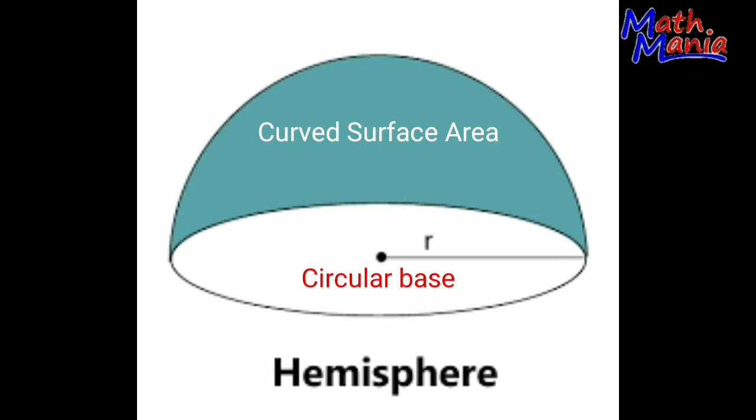So therefore we can find its curved surface area and the total surface area of the hemisphere. So let us see the formula of curved surface area and area of the circular base, which is the flat surface of this hemisphere, so that we can find both the surfaces, and adding them we will get the total surface area of the hemisphere.